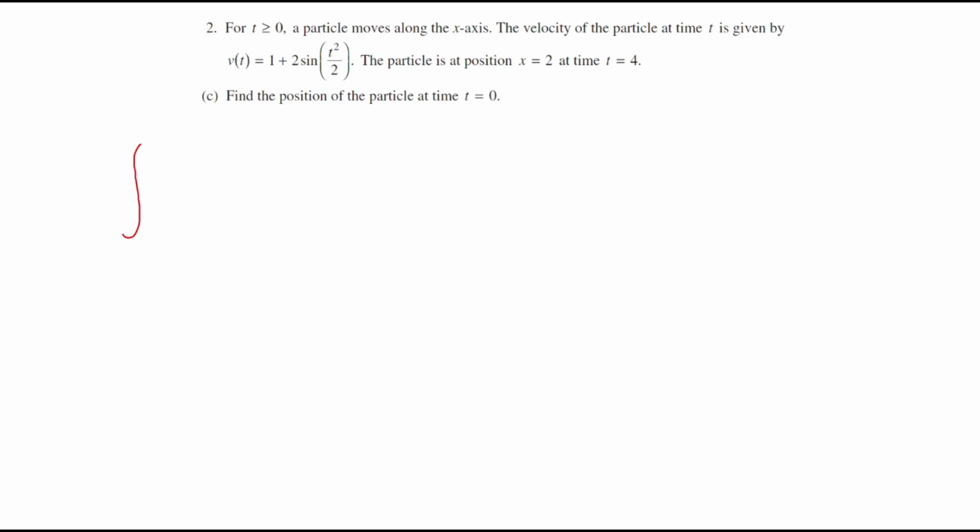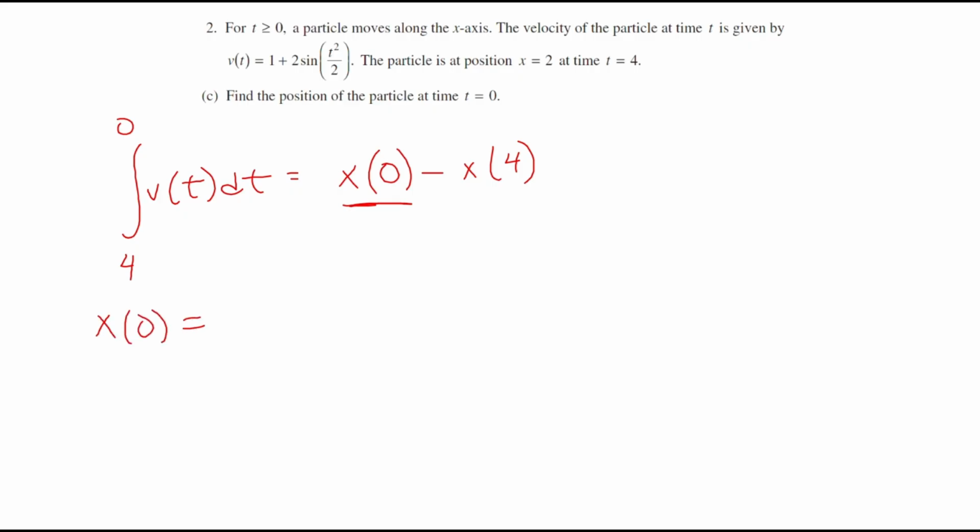I can say the integral from 4 to 0 of v of t dt should equal the position function, which we'll call x, evaluated at 0 minus x evaluated at 4, the upper limit minus the lower limit, which tells us that the position at 0, x of 0, should just be equal to x of 4 plus the integral from 4 to 0 of v of t dt.